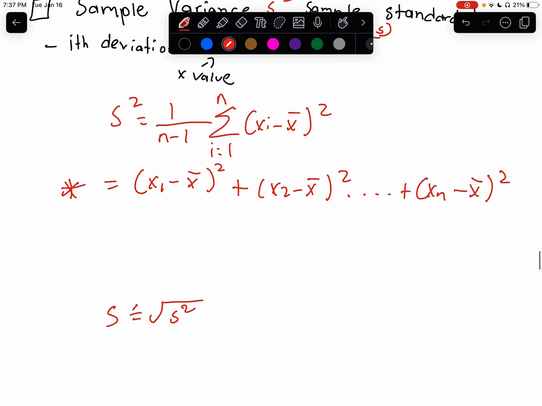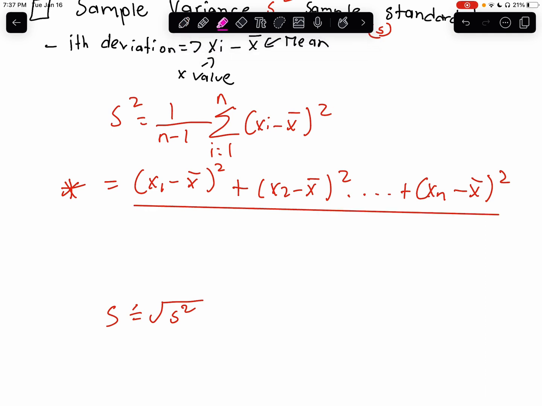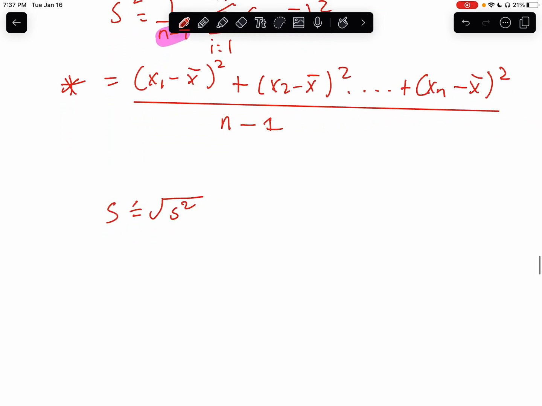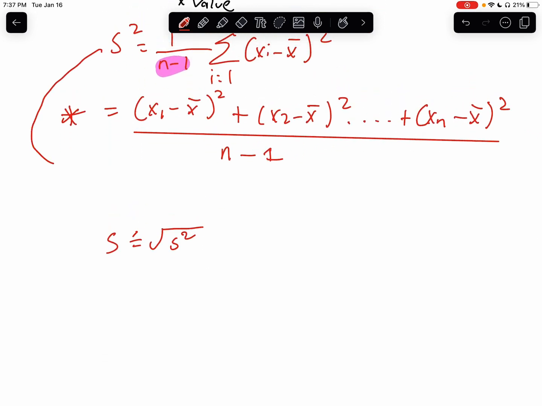And when we divide this now, we're going to take the same thing we found up here and do n, where n is how many numbers we have, minus 1. To get our sample standard deviation, we take this S squared and we square root it to get our sample standard deviation, right?